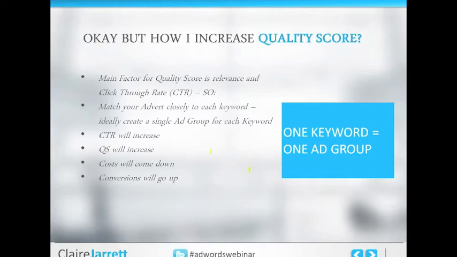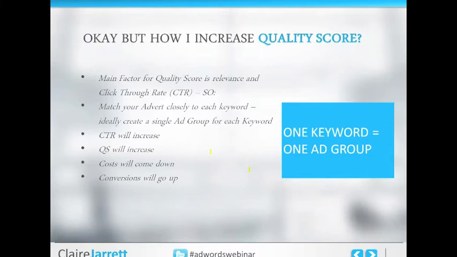What will then happen is, as a result of quality score, your costs will come down and your conversions will go up, conversions meaning the number of leads or sales that you get. The reason for this is, of course, your adverts are seen to be more relevant, so you'll get more leads from the people that are searching. The more relevant they see your advert to be, the more leads you're going to get. It really is as simple as that.